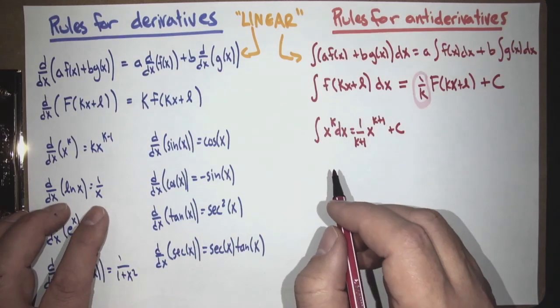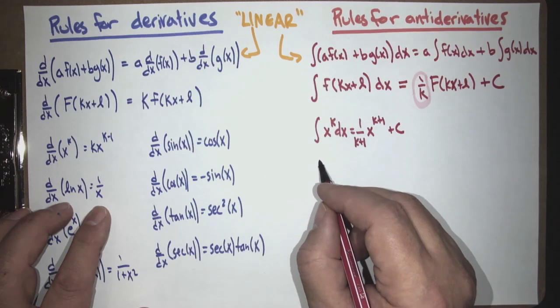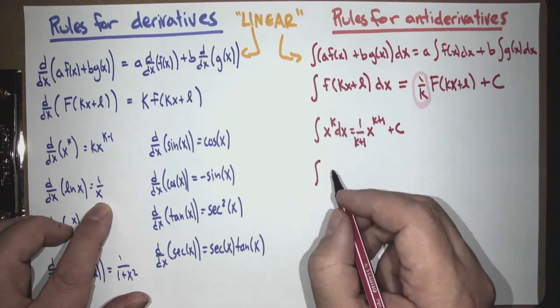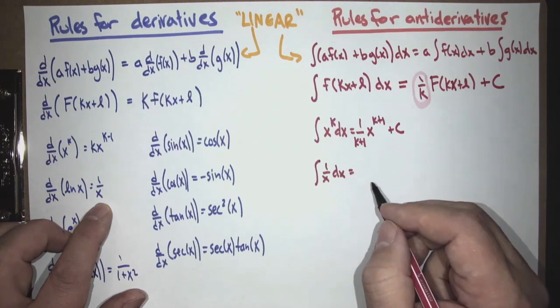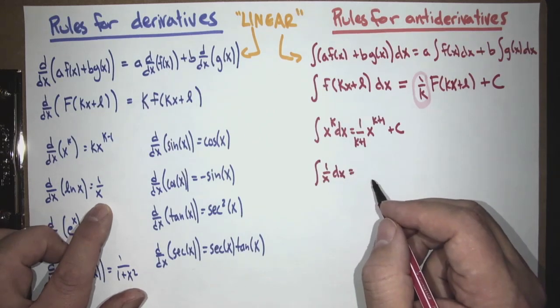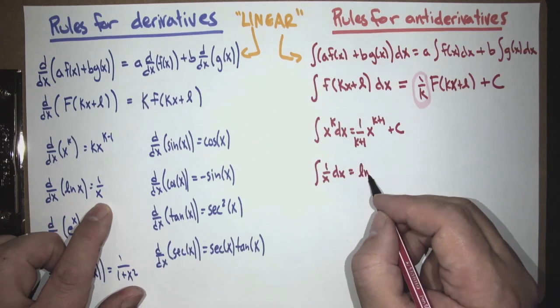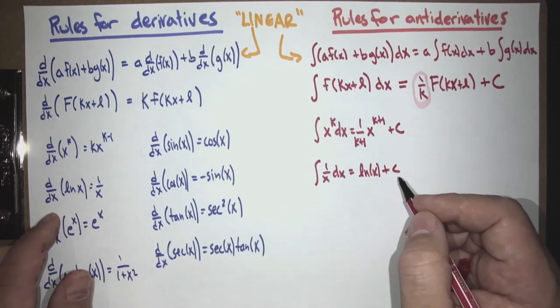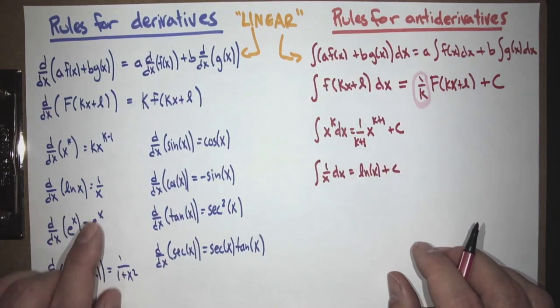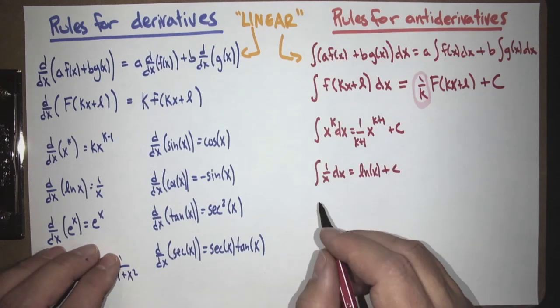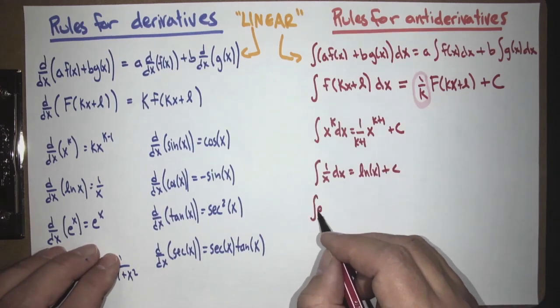Okay, so now, next one. I'm trying to look at the output. The integral of 1 over x, what will that be? ln of x. If the output of the derivative is 1 over x, the question is, what did you put in to get 1 over x? How about the integral of e to the x?